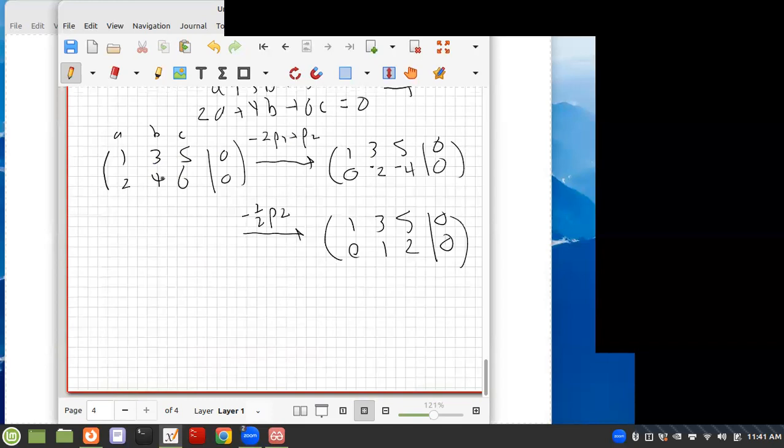So they actually don't change the span. So here's the key result: when I do Gauss's method, the span of these rows is the same as the span of these rows. So when I get to echelon form, these two vectors span the same space, right?